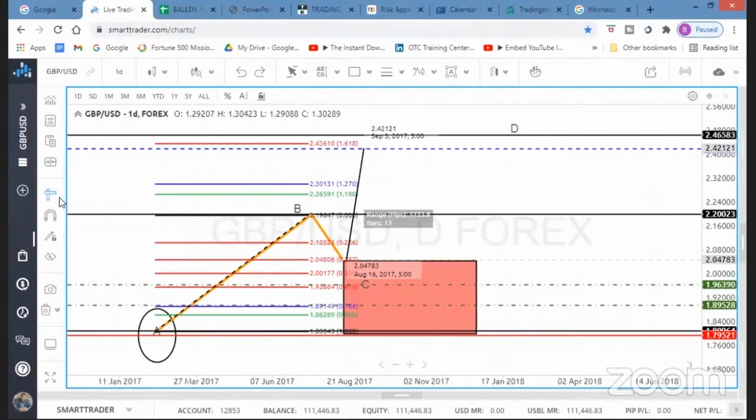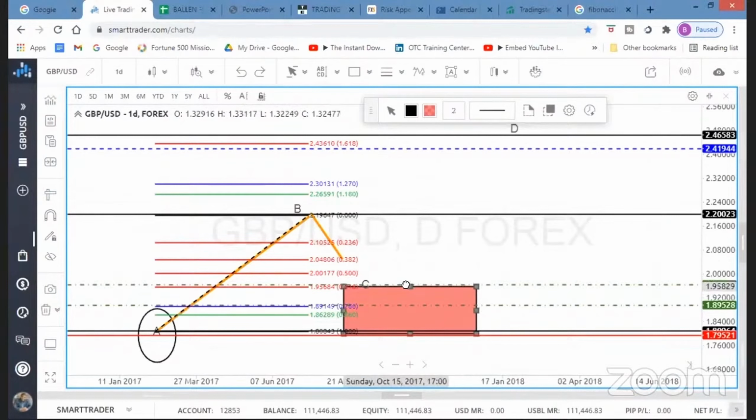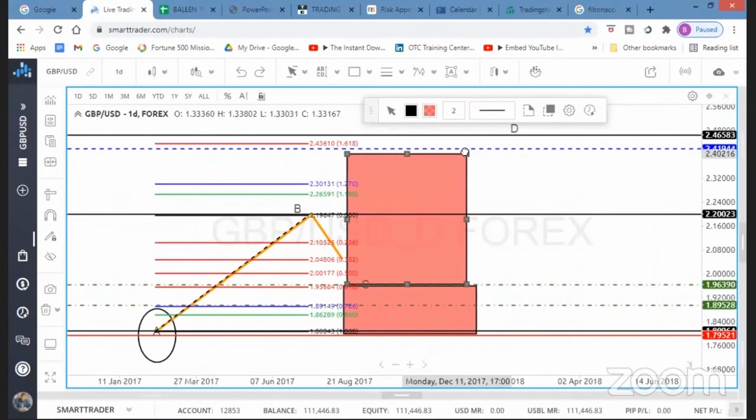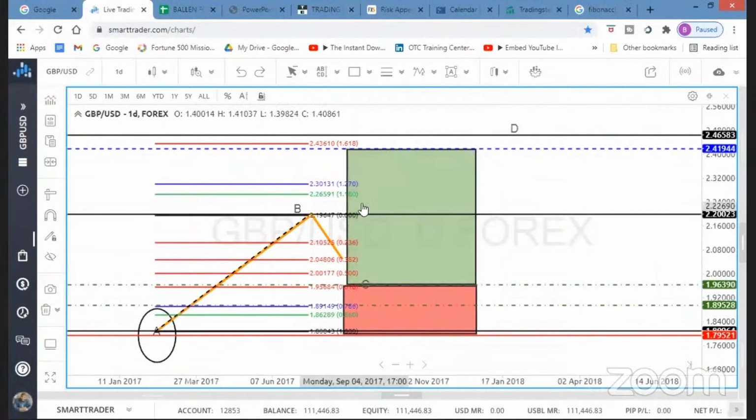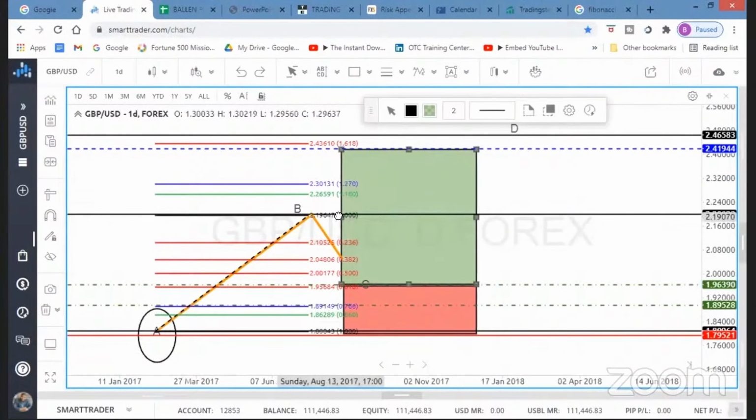Okay, all right. But if I wait for that trade to get deeper, look at my risk versus my reward. It increases, right? My reward increases. Look at that. Everybody see that? If I wait for the deeper retracement level, my reward is a lot higher, right?